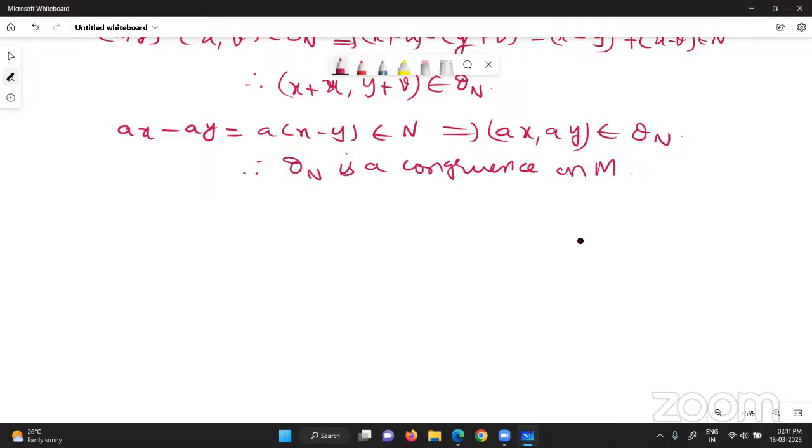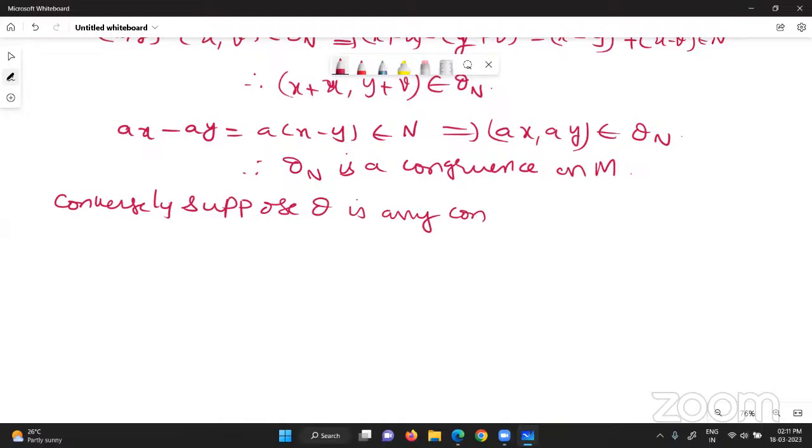Next, what we have to do? We will take that any congruence theta is of the form theta n for some R submodule n of M. So for this, conversely suppose theta is any congruence.